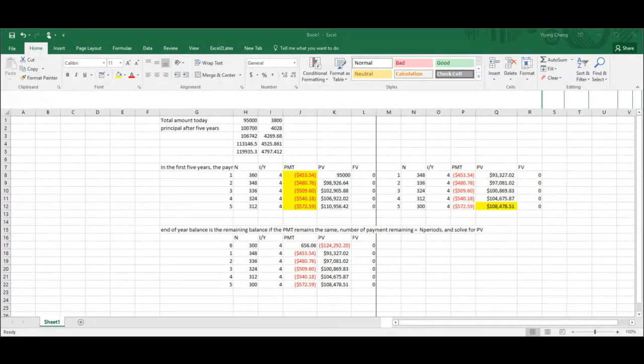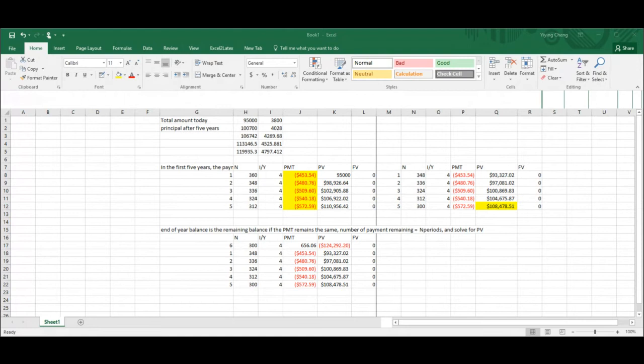Okay, so here we are in this particular spreadsheet, and for convenience I have already laid out all these things for you. So we can see that this is 95,000. I just want to put in everything as if you were using the financial calculator. Looking at this timeline here: N, I/Y, payment, present value, and future value.